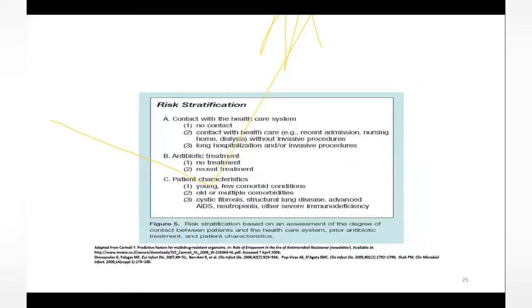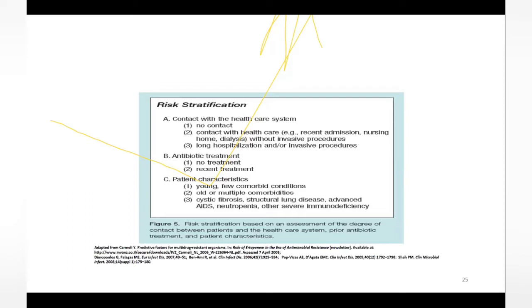Now, for risk stratification of the patients, three factors are taken into consideration. One is contact with the healthcare system, whether the patient has no contact, or contact with the healthcare, or recent admission or nursing home without invasive procedures, or long hospitalization with invasive procedures. Then second is antibiotic treatment, whether the patient was on treatment or not, or a recent treatment with antibiotics.